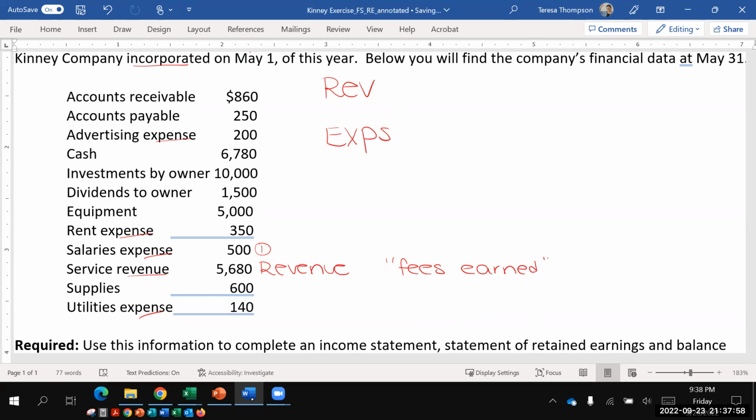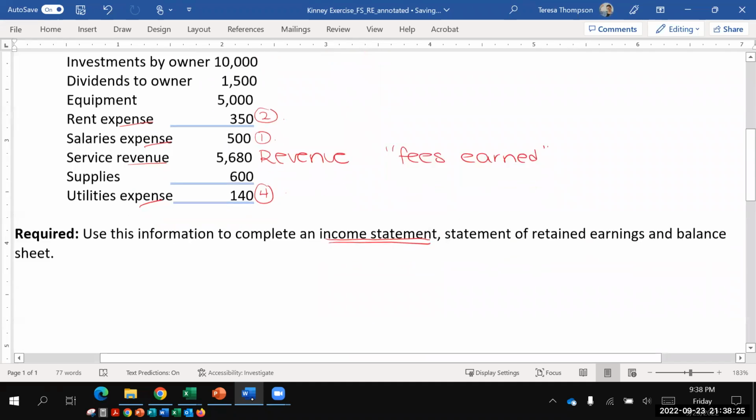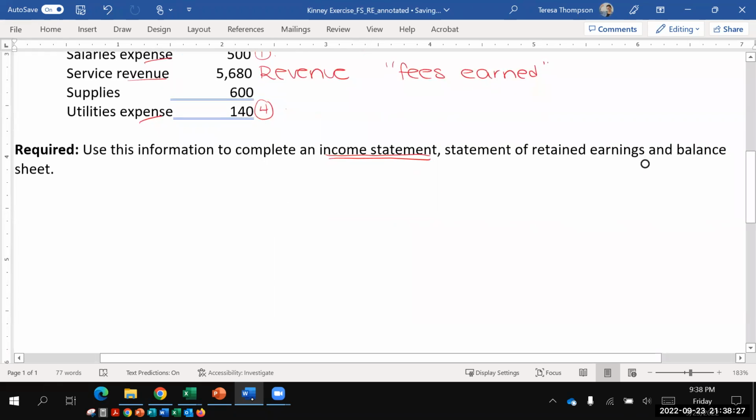So we have salaries expense first, then it looks like we have our rent, our advertising, and then finally our utilities. Okay, so I've identified the items I'm going to need for the income statement, revenues and expenses, and I've even gone ahead and noted the expenses that will come first. All right, now I get to prepare my income statement.